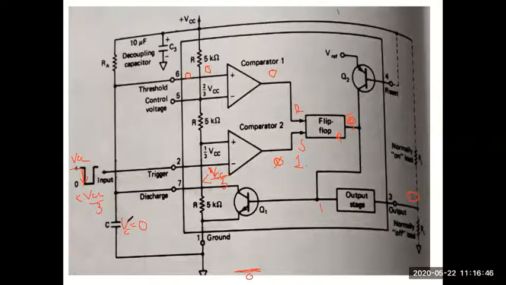Whereas now this capacitor will not remain at 0. This capacitor will start charging. This end is connected to VCC. If you remember, this RA is connected to VCC. So the capacitor will start charging towards the voltage VCC through this resistor RA.